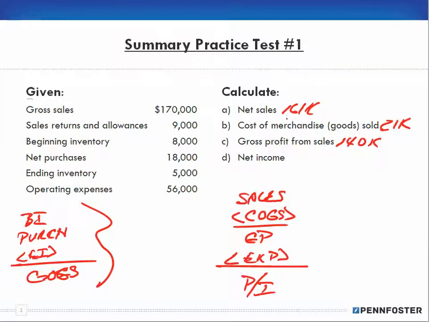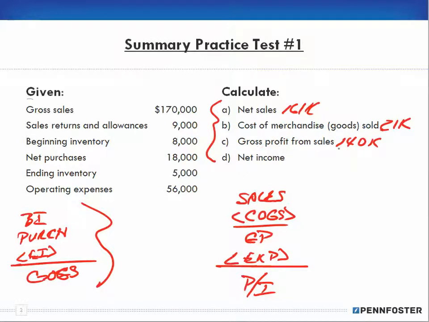Okay, so as this practice test problem was set up, you calculated your net sales, and then you had to figure out your cost of goods sold. And we use that information from the cost of goods sold in order to figure out our gross profit from the sales.